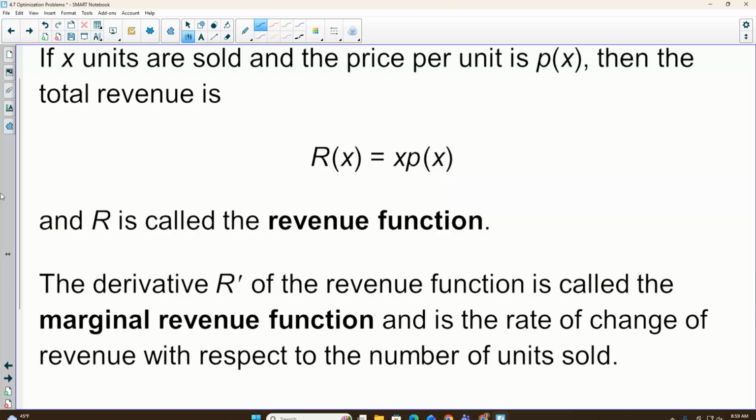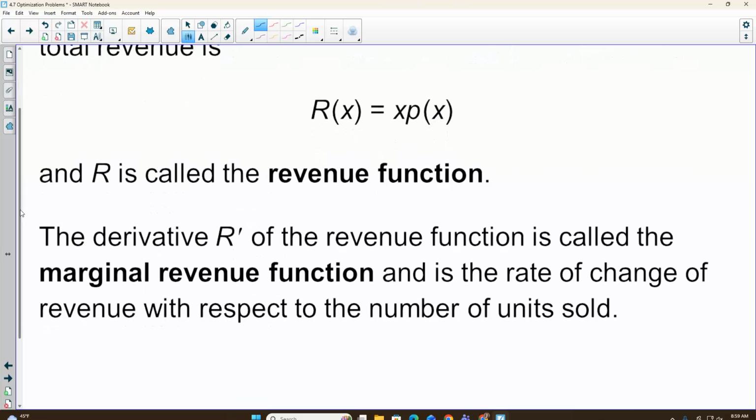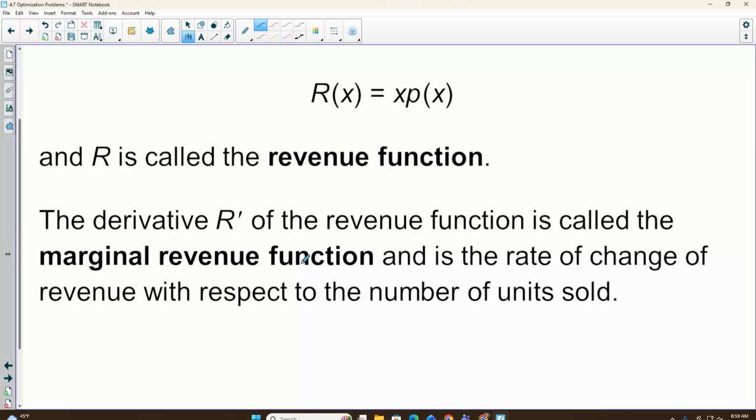Then the derivative of revenue is your marginal revenue. It tells you how revenue is changing. If it's increasing, we are increasing our revenue as we sell more items. If it starts decreasing, what does that mean? We are losing money as we sell more items.